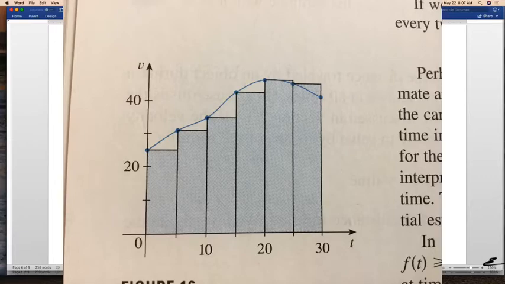Okay, so in this one, this is where we're taking the left-hand side, the speed at the left-hand end. And there we go. And so the area under the velocity curve, this is velocity. The area under it is displacement.